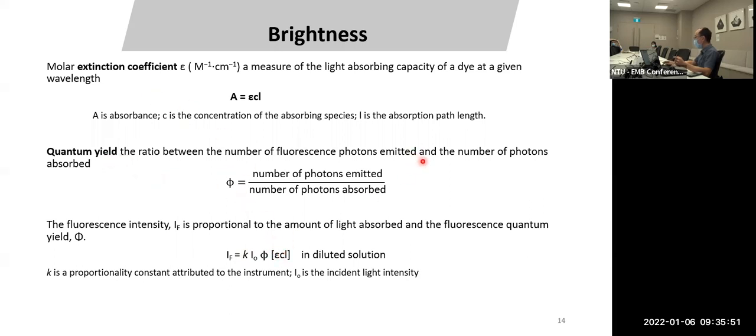So we could simplify this to a term called brightness, which is basically the multiplication of two properties, the quantum yield and the extinction coefficient of your fluorophore. So that's how we measure how bright our fluorophore is. The brightness is a number that you can use to tell yourself, okay, is this dye much brighter than the other?